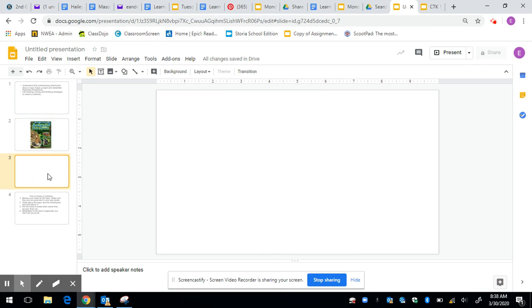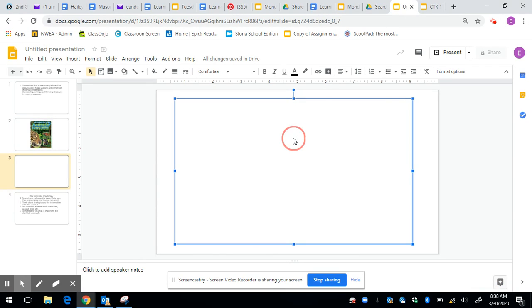Come over here. I'm going to put my summary right here. And so I'm going to write just a big statement about just the animals that live in the canopy.